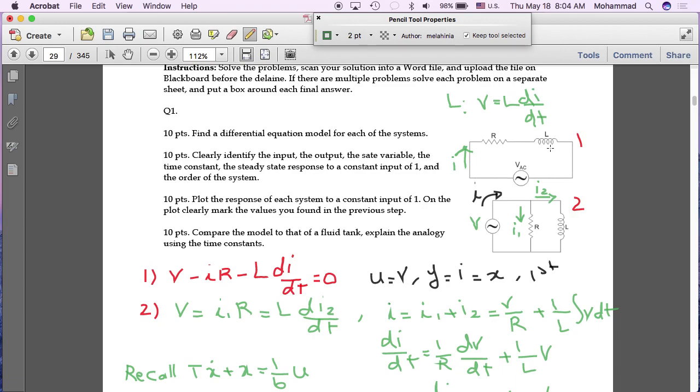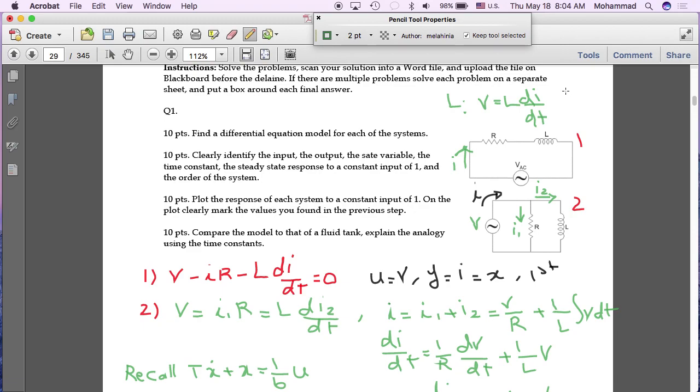If you integrate this equation, what do you get out of integration? Let me just write it here.